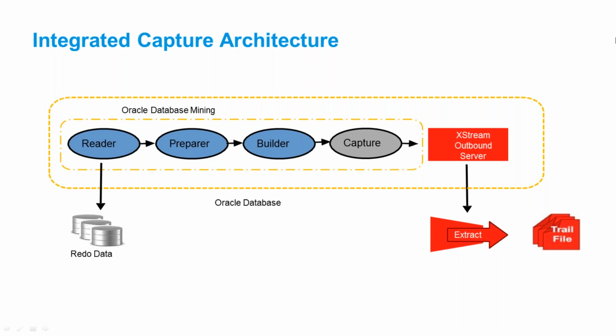Integrated extract has 4 phases. First, reader, then preparer, then builder, and then capture happens, and then the changes are passed on to the extract process in form of LCR. What are the benefits of adding log miner is a discussion topic.